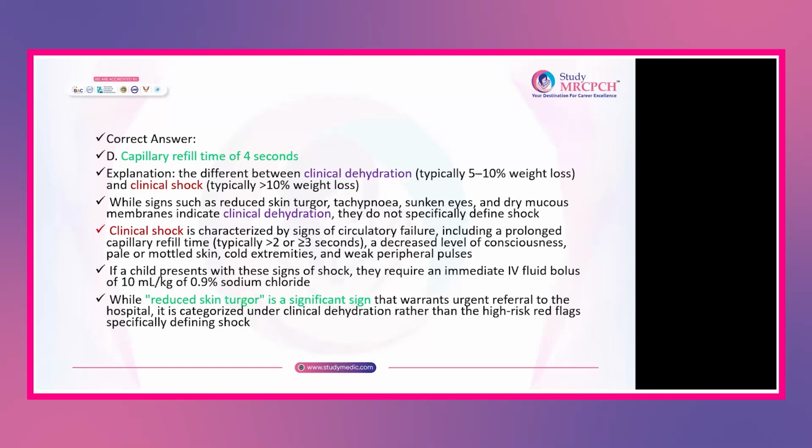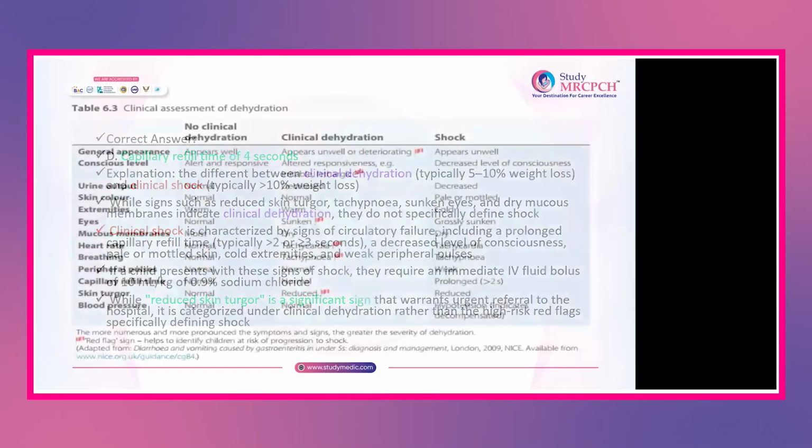But if I find clinical shock, characterized by these critical signs, it is better for me to start the IV fluid and transfer him by ambulance, with paramedical care, or go with him to the hospital, or get rapid access to the nearest regional center.